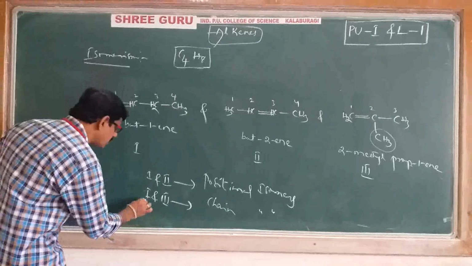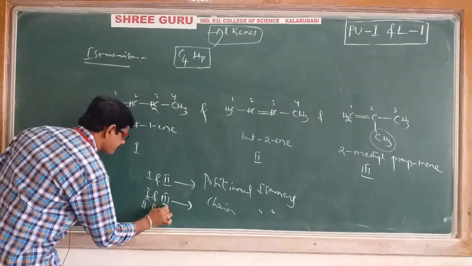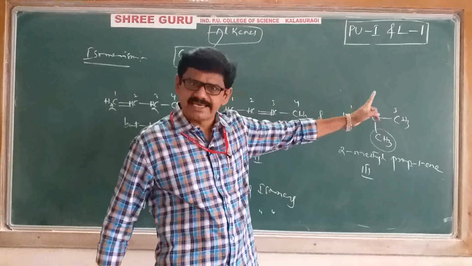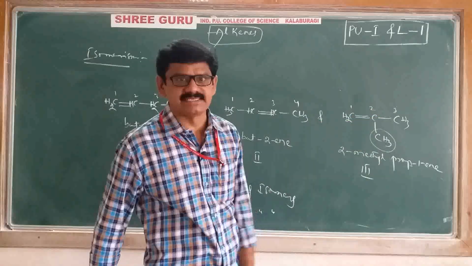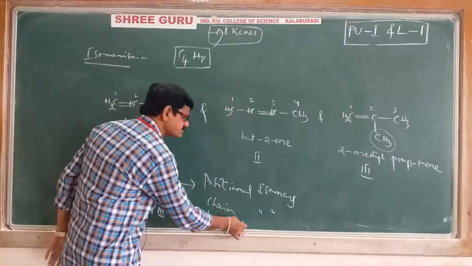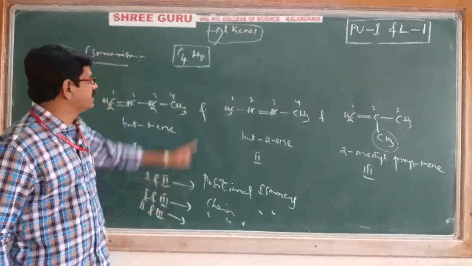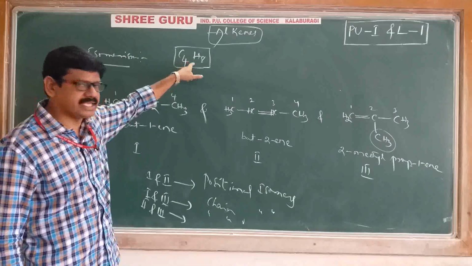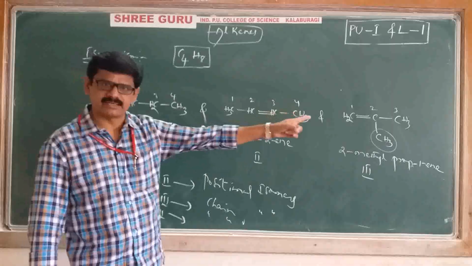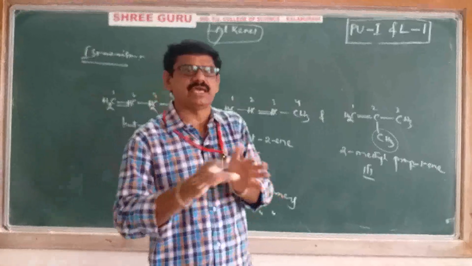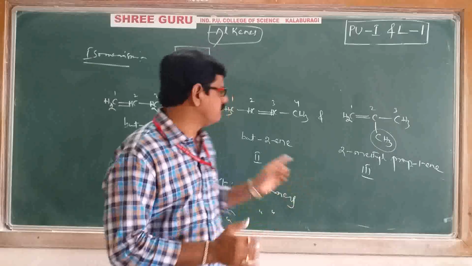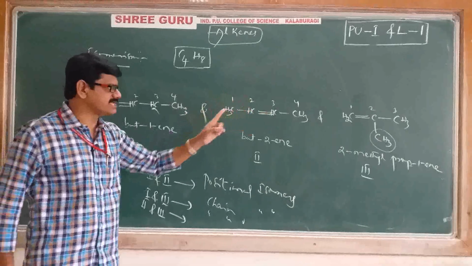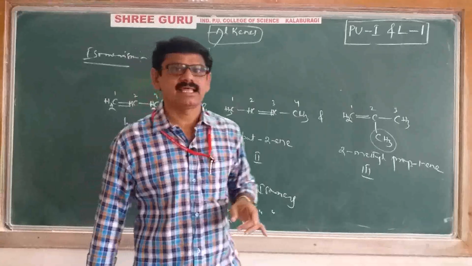Then what about 2 and 3? 2 and 3 are also surely chain isomers only because their parent chain is different. That's why for the very first alkene which shows isomerism, that is butene, we have written all possible structures. Again, in that also individually we have bifurcated. 1 and 2 are positional isomers, 1 and 3 as well as 2 and 3 are chain isomers.